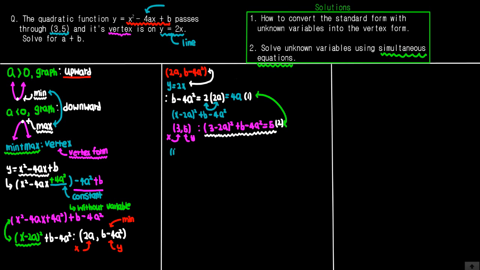Firstly, for b minus 4a squared equal to 4a, we can just move our 4a to the other side in order to isolate every term on the left side, which will be negative 4a squared plus 4a plus b, so it should be minus 4a plus b equal to 0.